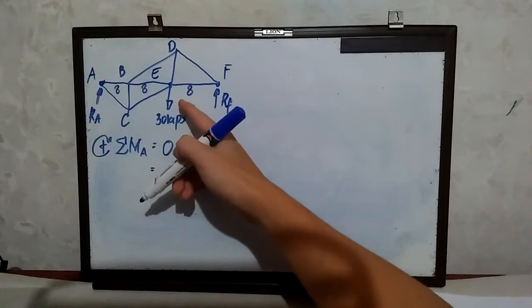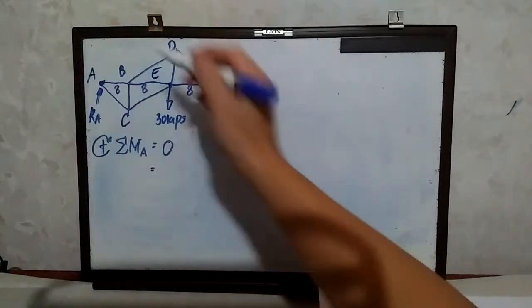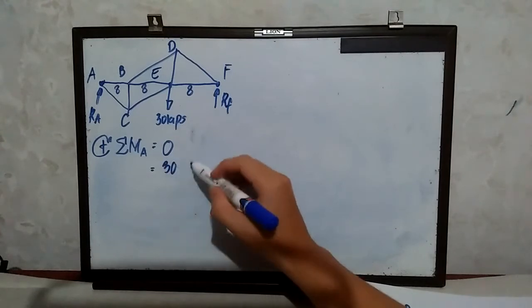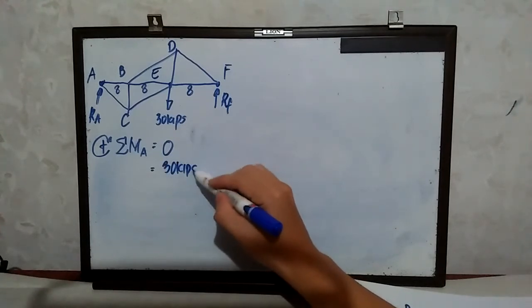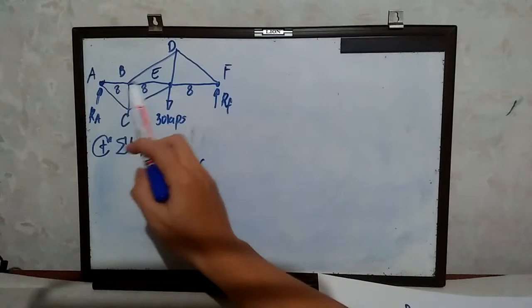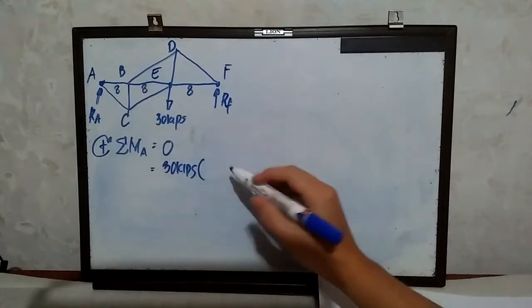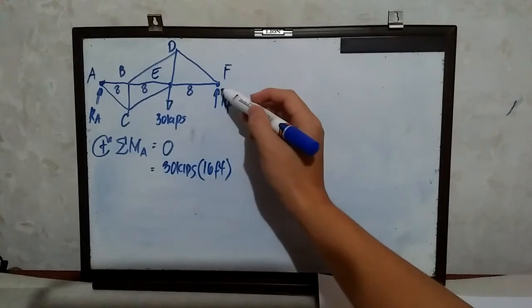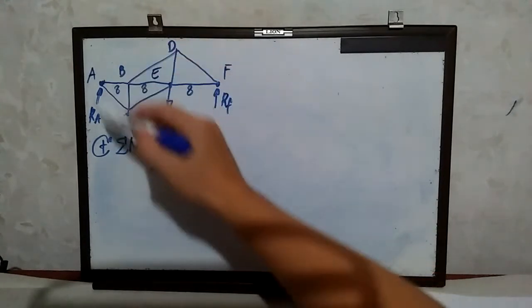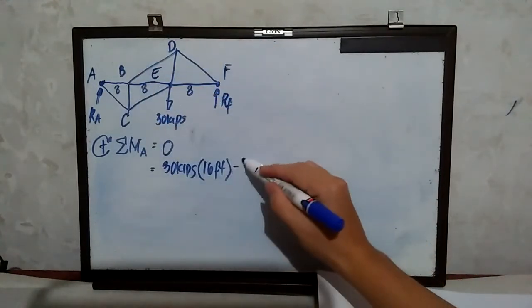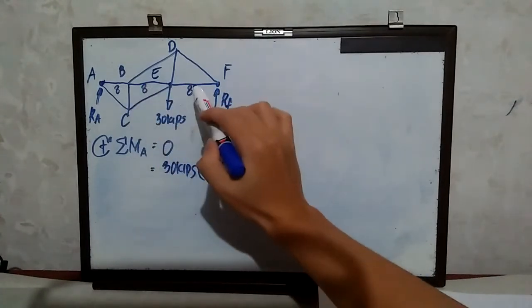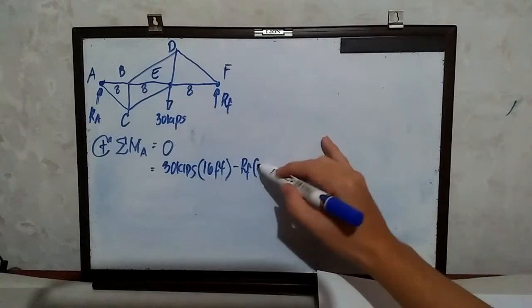And then we have here 30 kilopounds rotating clockwise, so that would be positive. So 30 kips multiplied by the moment arm, 8 and 8, so that should be 16 feet, and then minus, because R sub F rotates counterclockwise. That's R sub F multiplied by the moment arm, that should be 8 plus 8 plus 8, so 24 feet.